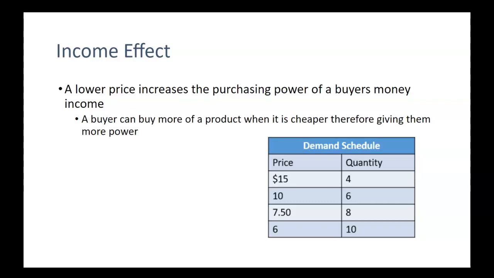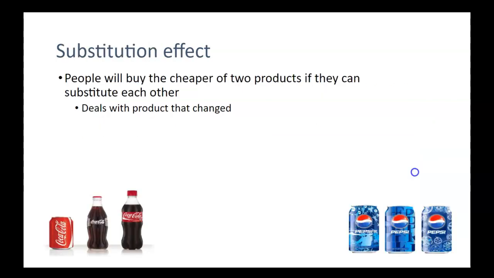If the price decreases down to 10, and assuming all money goes towards whatever this good is, mathematically you can buy 6 units, and so forth. So even though your income doesn't change, in respect to the price of the good, your income increases as the price of the good decreases. So, as the price decreases, you're more willing to buy more of that good, and vice versa.